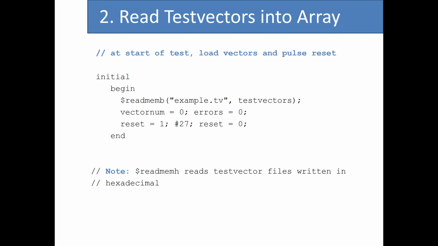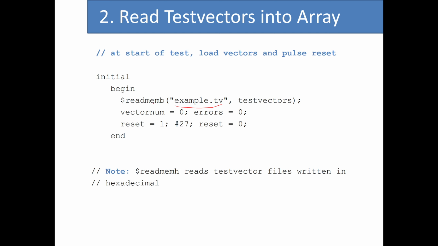The next thing that we need to do is read the test vectors into an array. The file that we have used for the test vectors is called example.tv, and we use an internal function of SystemVerilog to read that. That function is $readmemh.